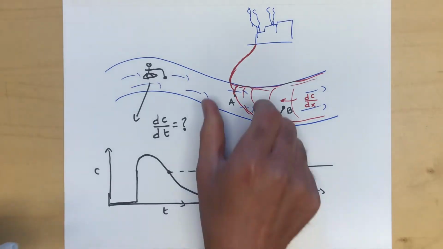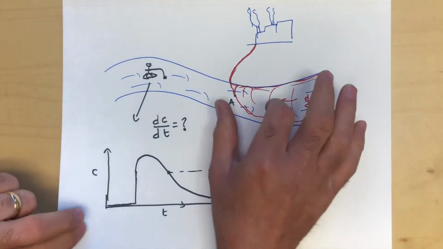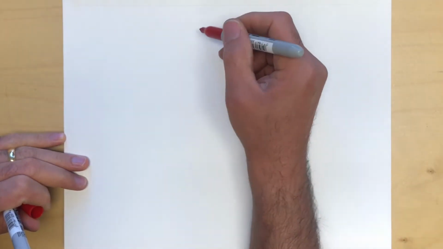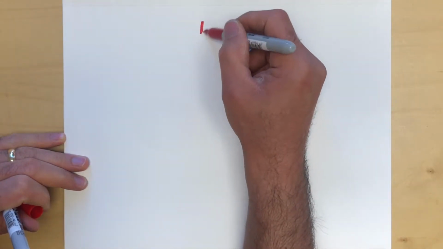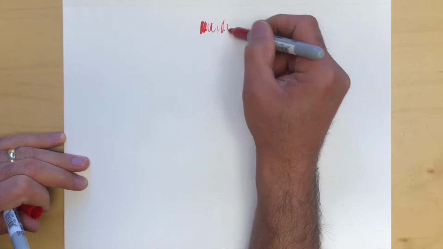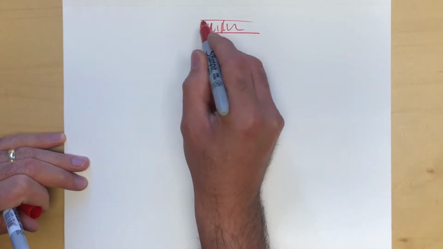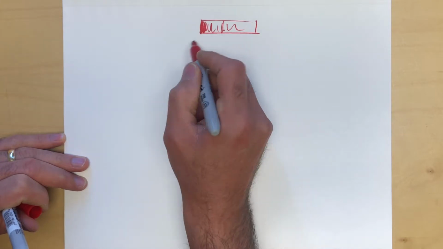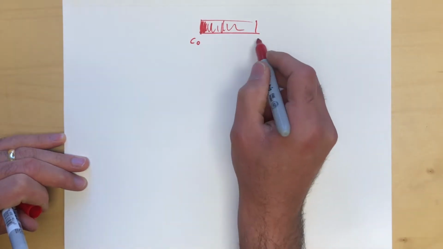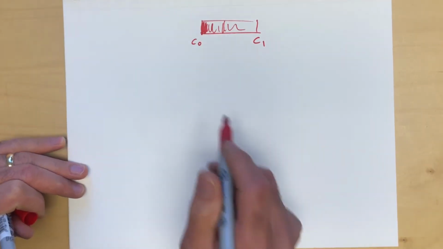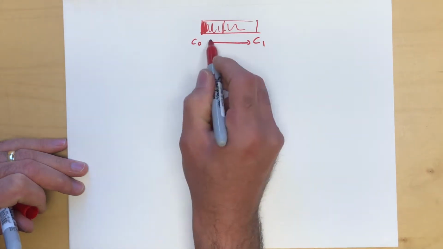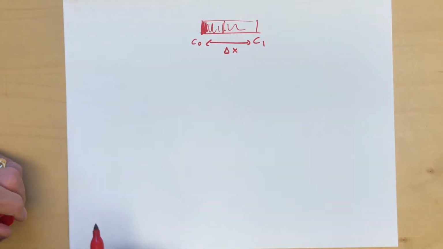So we're going to zoom in a little bit over this region where there is a concentration. We're going to assume that this is the gradient of concentration over here, a portion in the river. There is C0 over here and C1 over there, and these are spaced by a distance delta x.